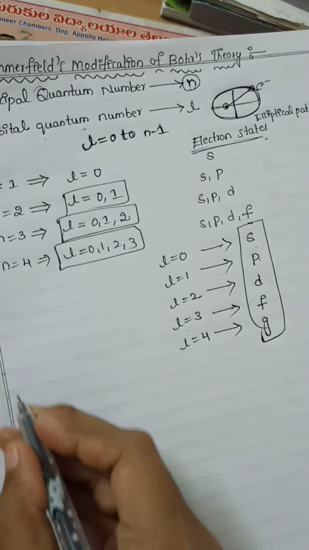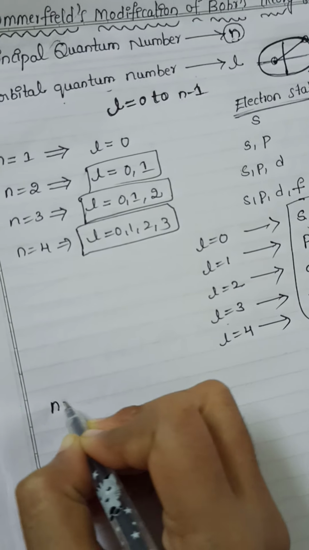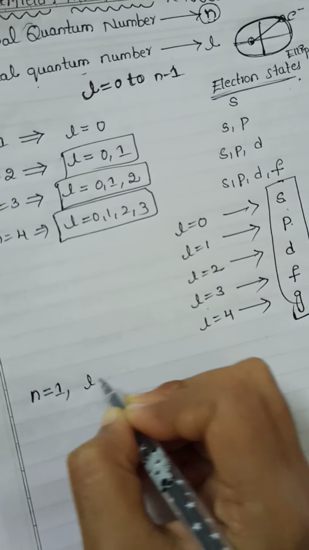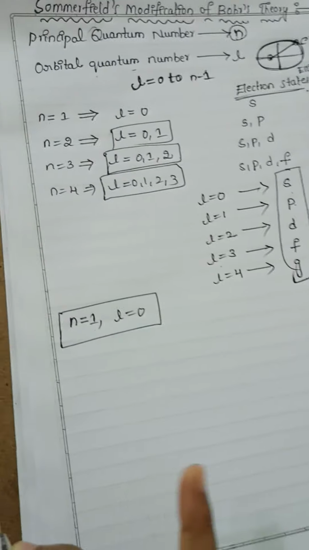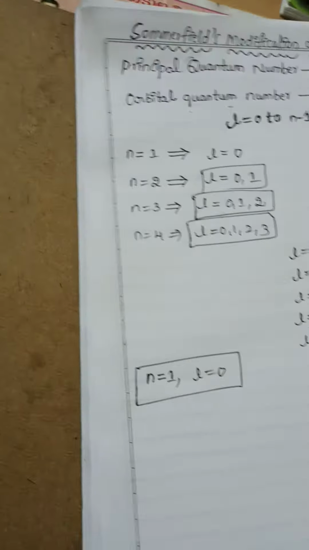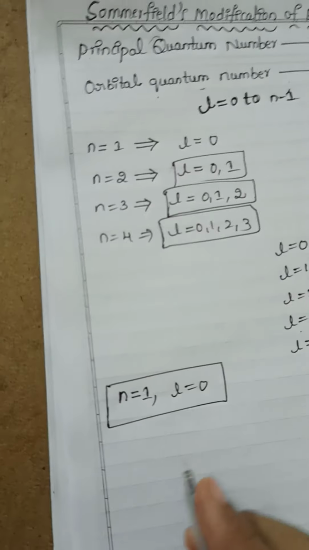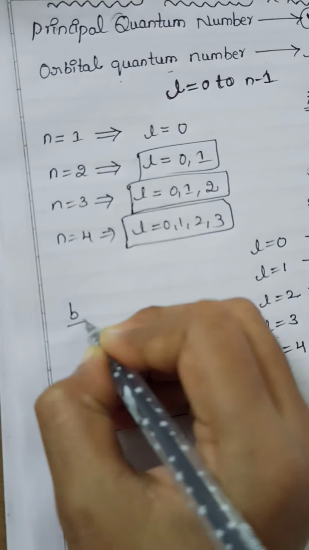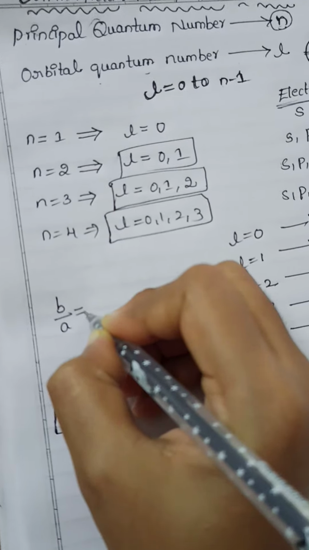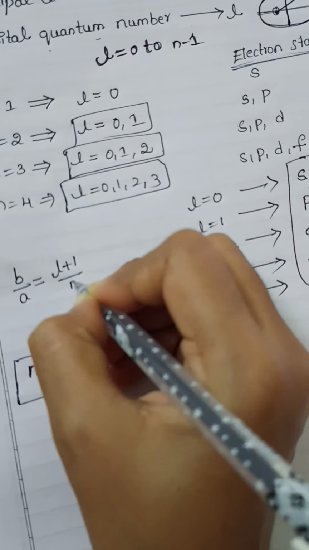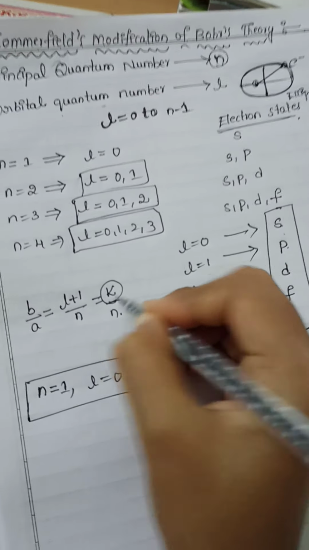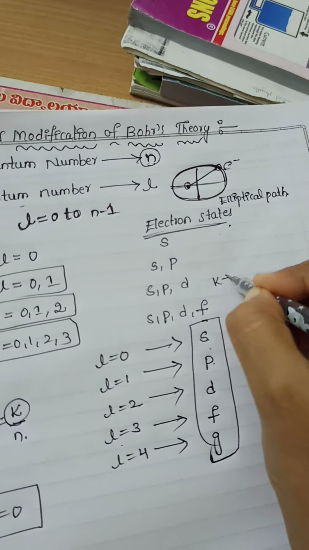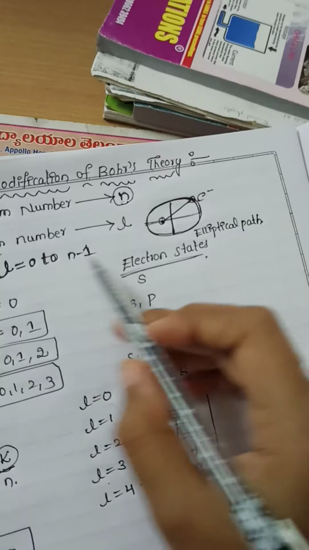For example, first I would like to consider n is equal to 1 and L is equal to 0. So what happens to the electron states? Just remember the formula: B by A is equal to L plus 1 by n, which is equal to K by n. Here K is the azimuthal quantum number, or orbital quantum number.